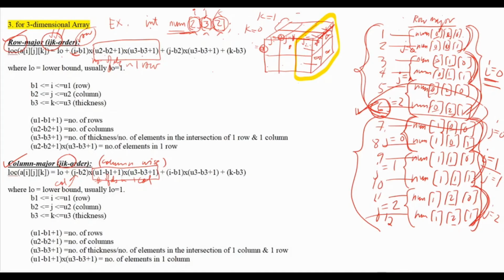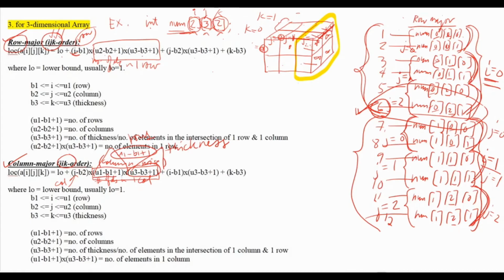So the number of rows is given by U1 minus B1 plus 1, and multiply it with the number of thickness, okay? So that's why this is U3 minus B3 plus 1.